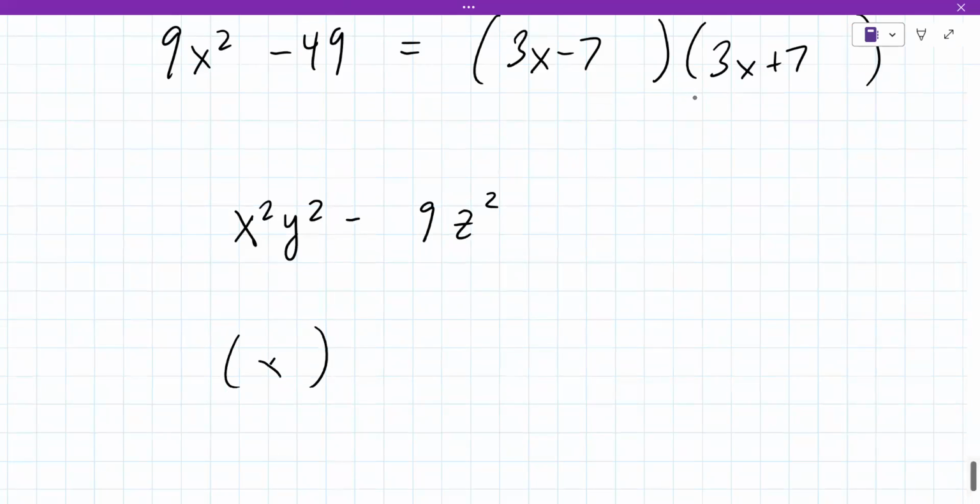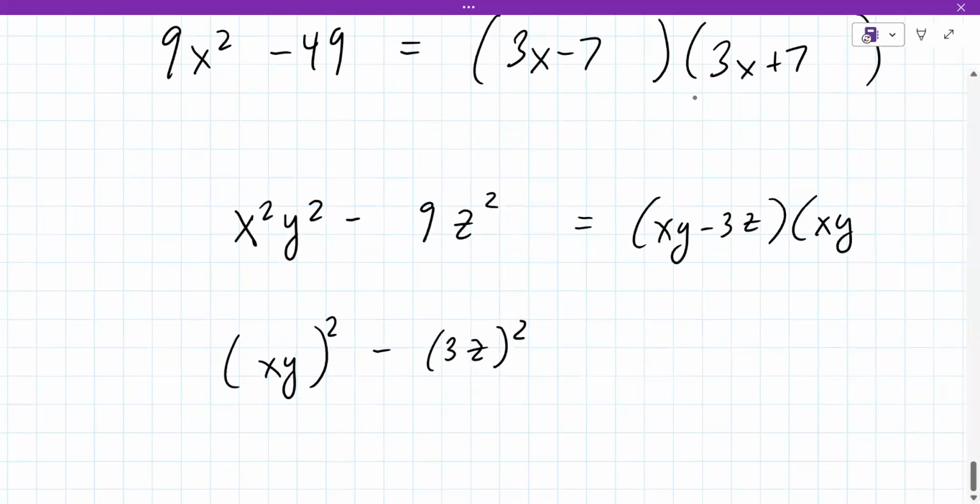This is really xy squared minus 3z squared. So it becomes xy minus 3z, xy plus 3z. Okay, difference of squares. That's right, the ones where the square is on the outside. All right, let's go ahead.